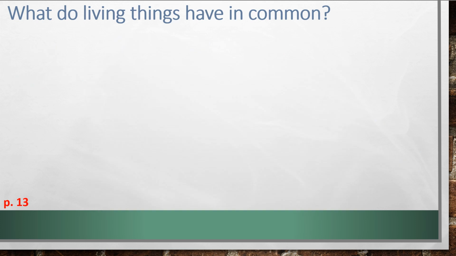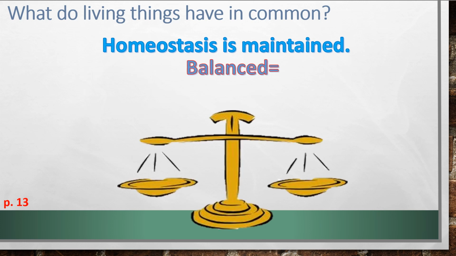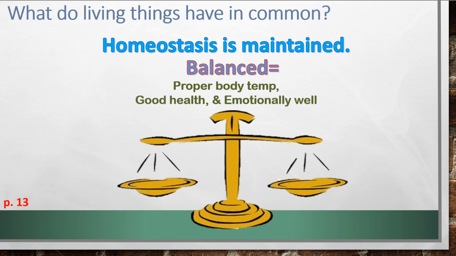The last thing that they all have in common is this thing that we need to review known as homeostasis. Homeostasis just means it is balanced. If it's balanced, that means it's healthy. It has the food it needs, the water it needs, the space it needs to live in. When it comes to you and I, we are physically healthy, mentally healthy, emotionally healthy.